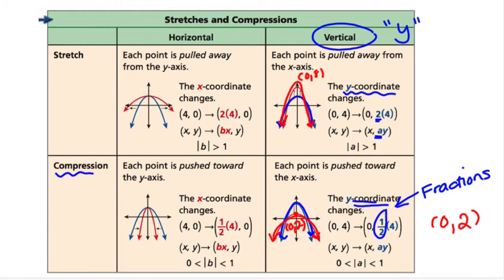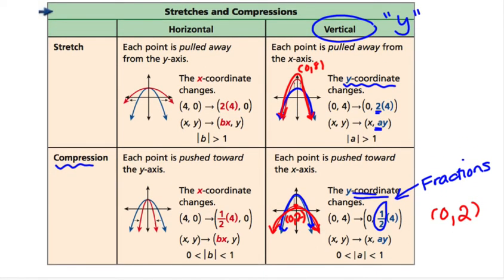All right, let's go to the left-hand side of this chart. Now we're going to be horizontal. So you got to think you're changing all the x values, x changes. So the number we're going to change, if we're stretching away from the x-axis, if we have our original point 4, 0, and we want to multiply it by 2, so this means, again, it's a number greater than 1, your new ordered pair is going to be 8, 0.